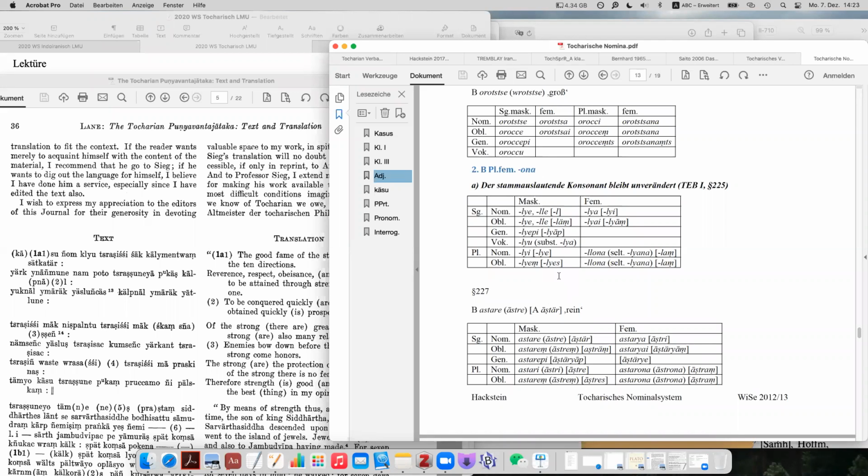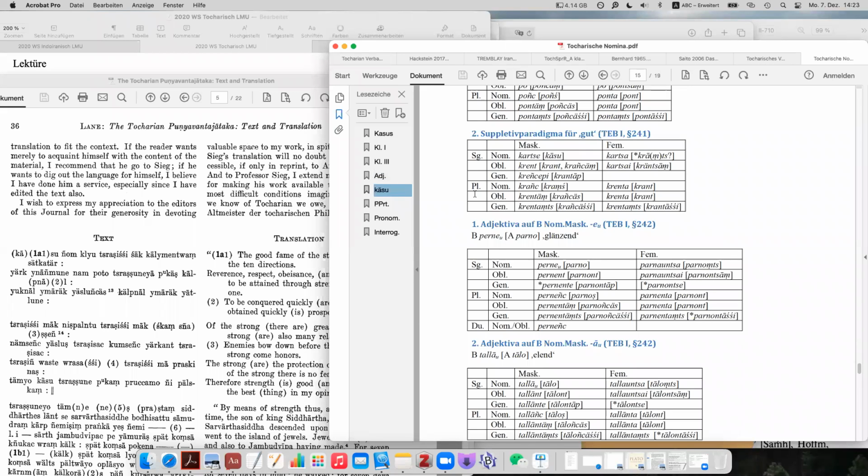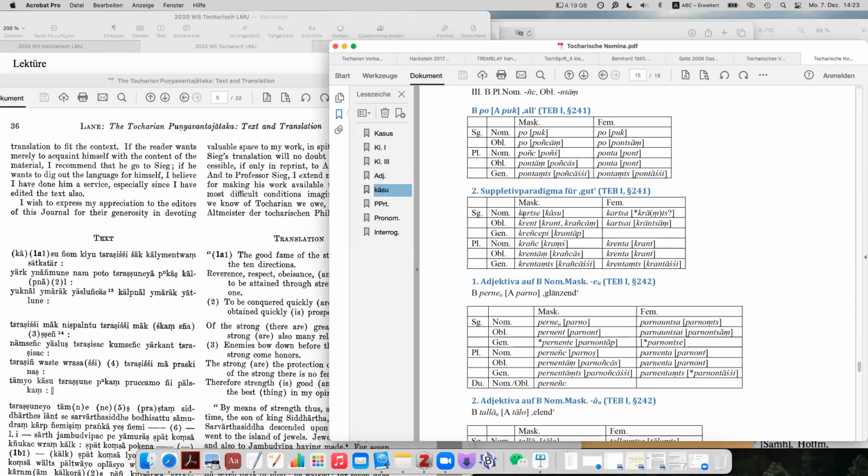For the genitive, there's a special p ending here. This is the typical genitive. And then for the adjectives, there are some special cases. This one, meaning good, has a suppletive paradigm.